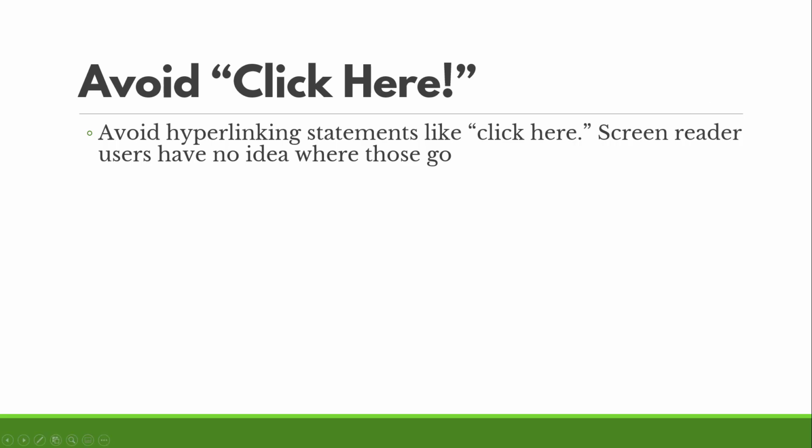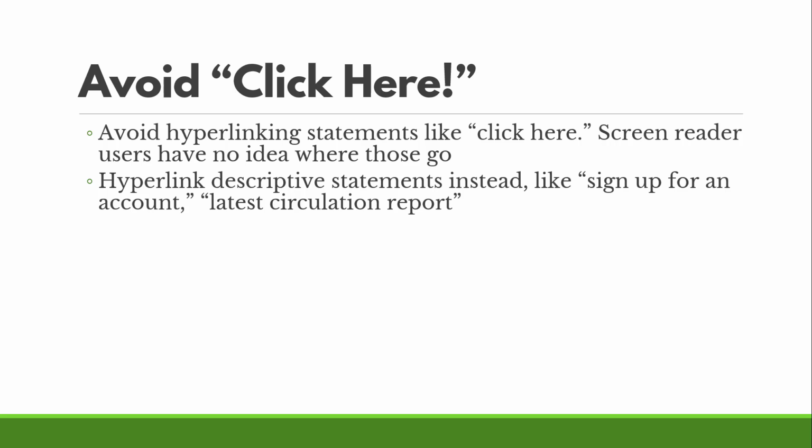So instead, use descriptive statements as your hyperlinks, like sign up for an account, latest circulation report, so that if these hyperlinked words were independent of any other information, it would be very clear where they go, or at least a lot more clear than click here.